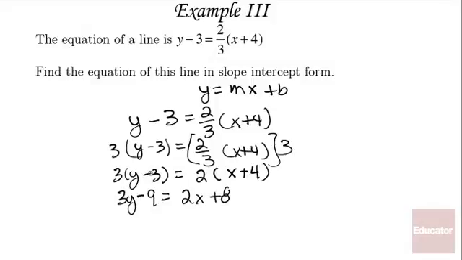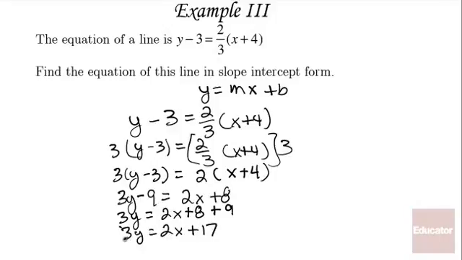Remember, the form I want is y equals mx plus b. So let's add 9 to both sides to eliminate the 9 from the left side. Now I have 3y equals 2x plus 8 plus 9, so that's 3y equals 2x plus 17.